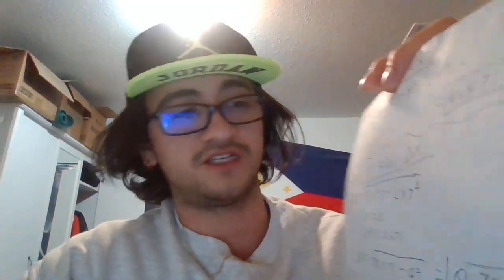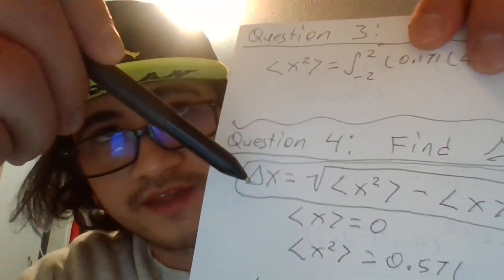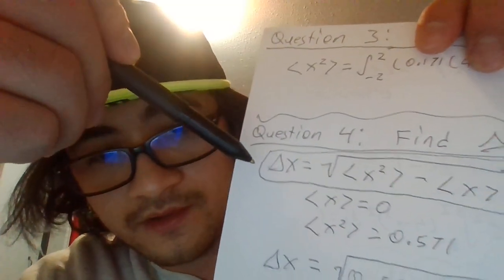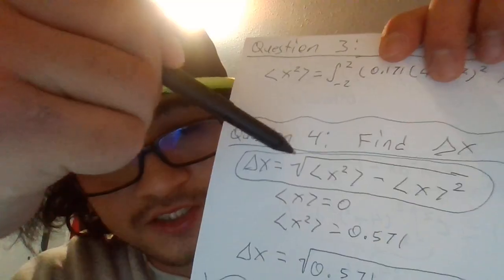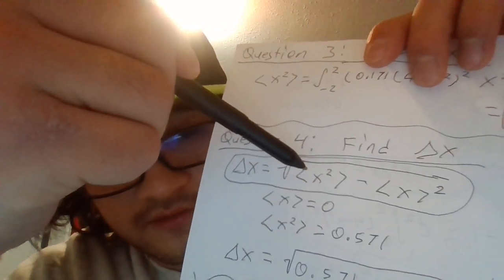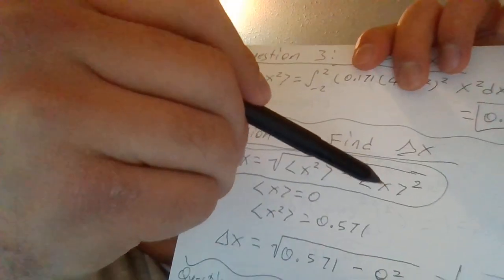Now question 4 is to find the uncertainty of x, and you do that with this formula. Again, you can find this in the textbook, I think in chapter 2. The uncertainty delta x equals the square root of the expectation value of x squared minus the expectation value of x, squared.